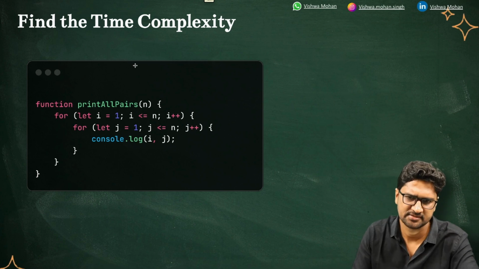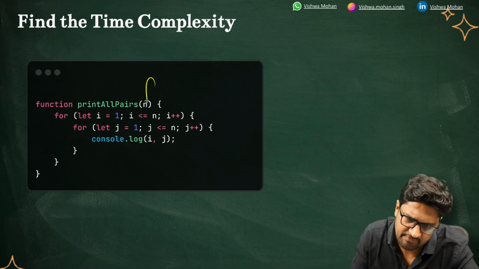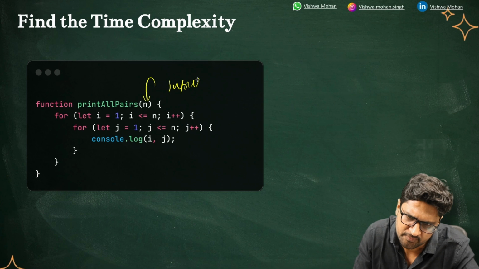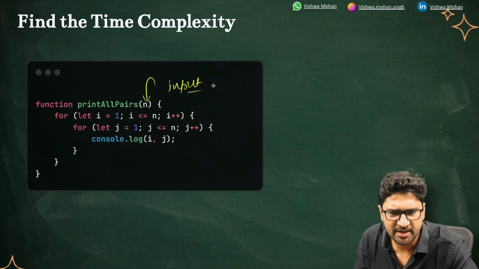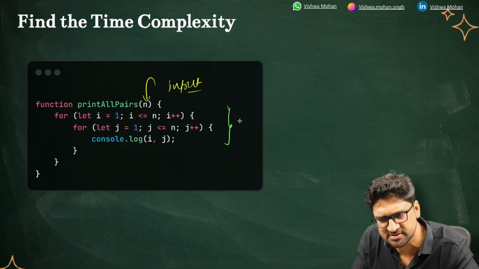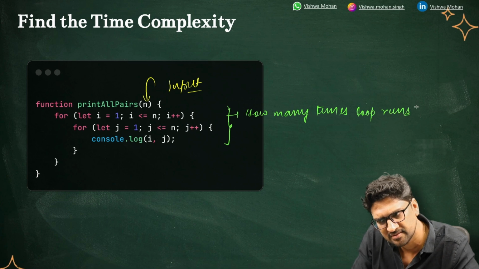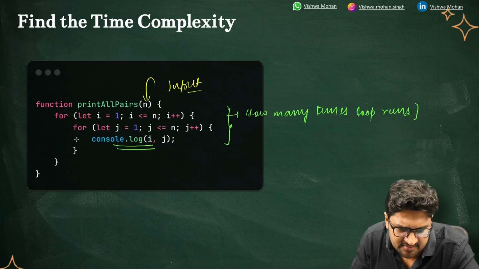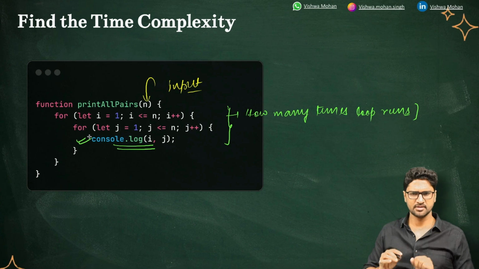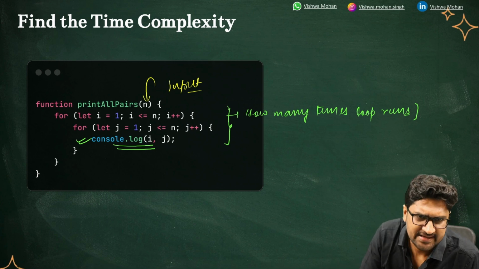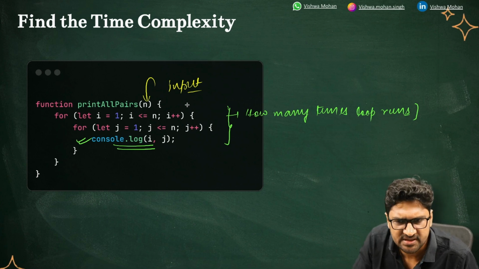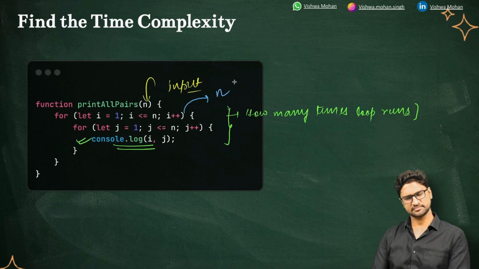In this case, again, I have to find the input size, so this is my input. And my number of operations is equal to how many times the loop runs? It means how many times this is printed, right? So as I can see here, this outer for loop will run from 1 to n, so it will run n times.